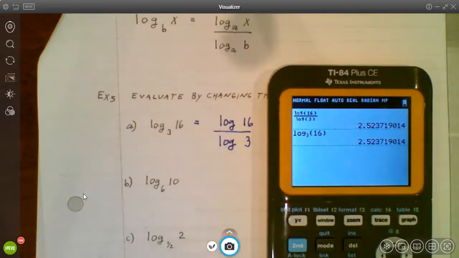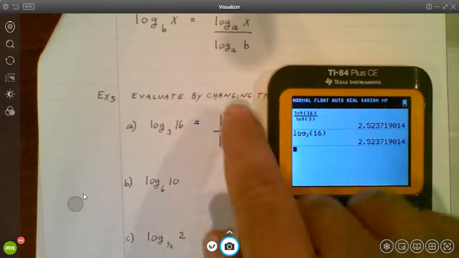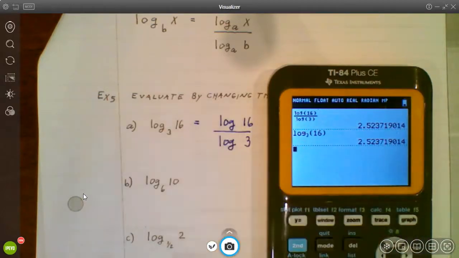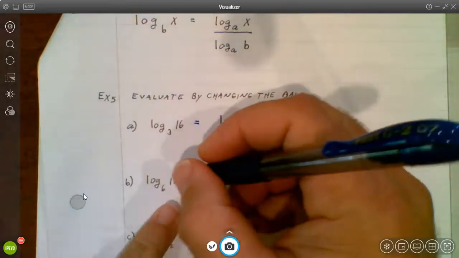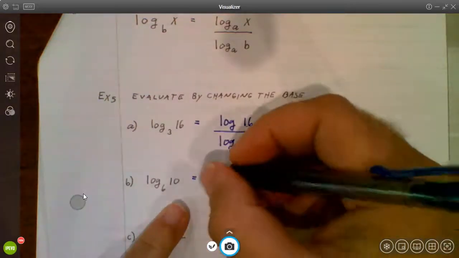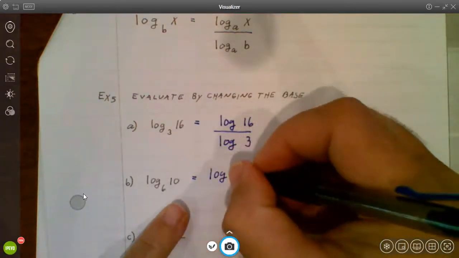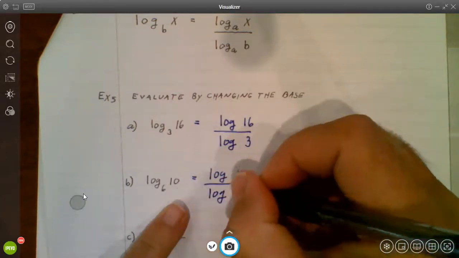There are other purposes to this change of base formula. So even if you have a calculator that can do this, you still want to understand this rule because we're going to be using that later. Okay, so that still matters. So again, if I did log base 6 of 10, if I just wanted to apply the change of base formula, it would become log 10 over log 6. So it looks like this.